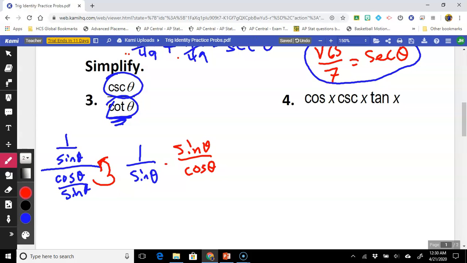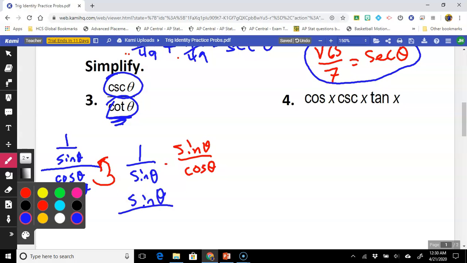Now, if you remember your rules for multiplying fractions, what you have here is sine of theta over sine of theta cosine of theta, and that's just going across the top and across the bottom.